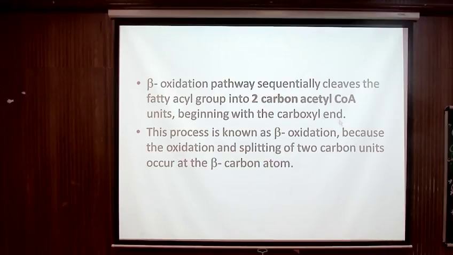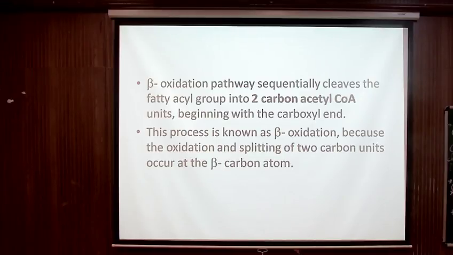The oxidation and splitting of the fatty acid takes place at the beta carbon atom, so it is called beta oxidation.